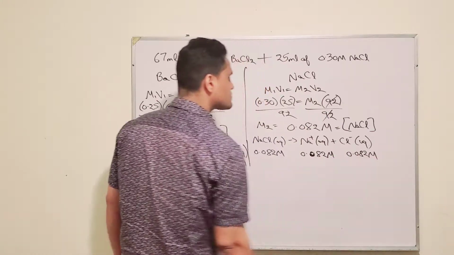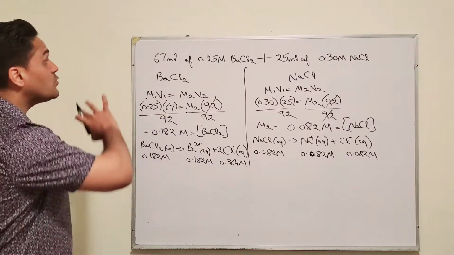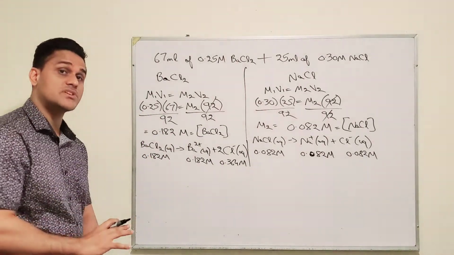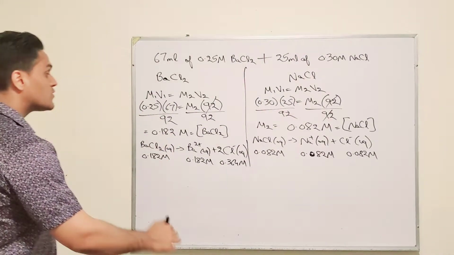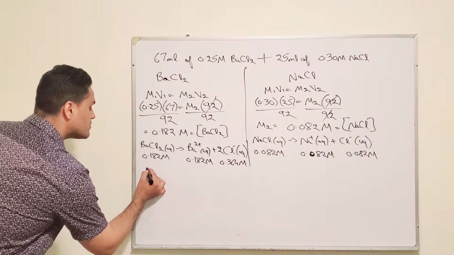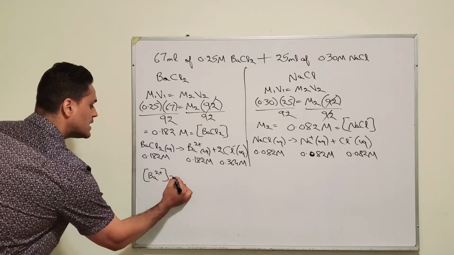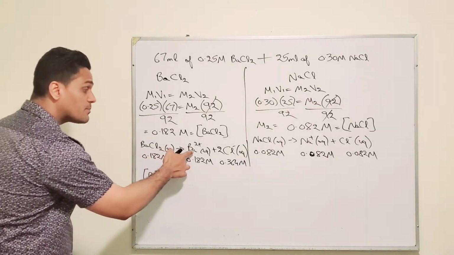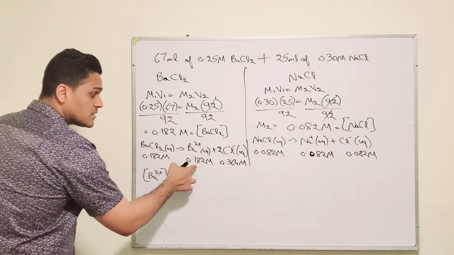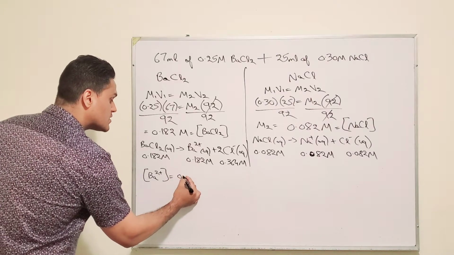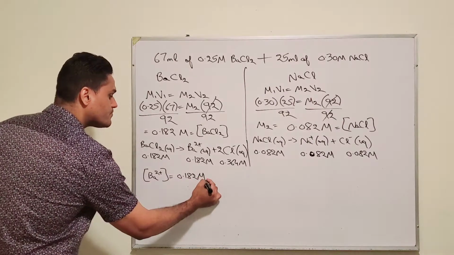Now guys, the question was asking us to find the concentration of each ion, okay? So our first ion is Ba2+. We're going to write our concentration for Ba2+. Well, Ba2+ shows up only on this side. So my concentration is just going to be that number right there, which is 0.182 molar.